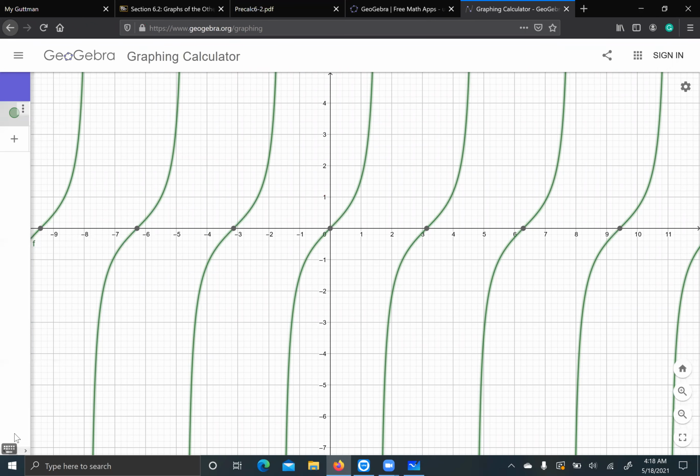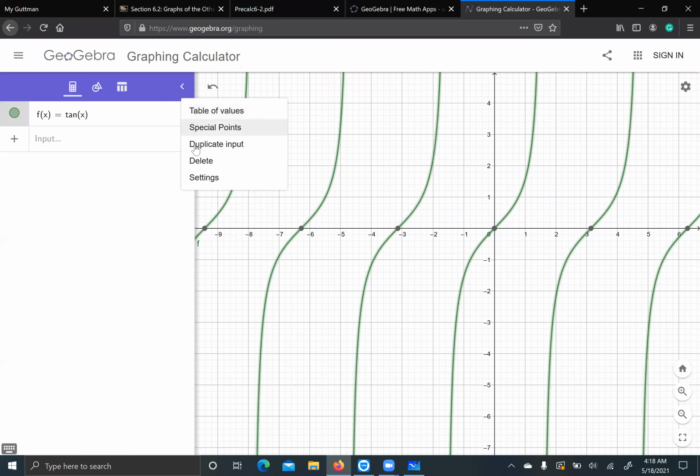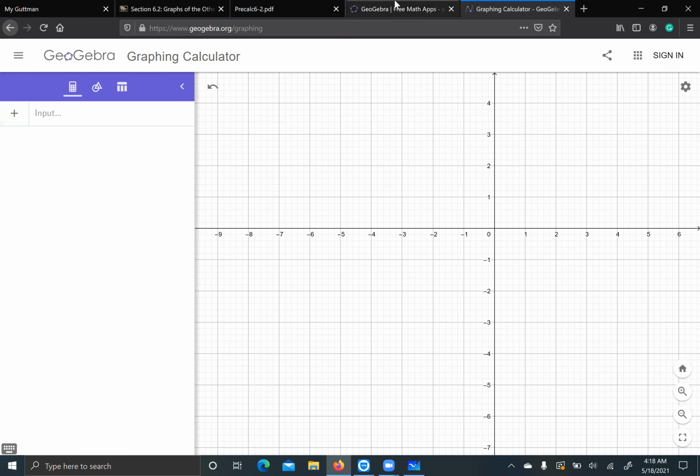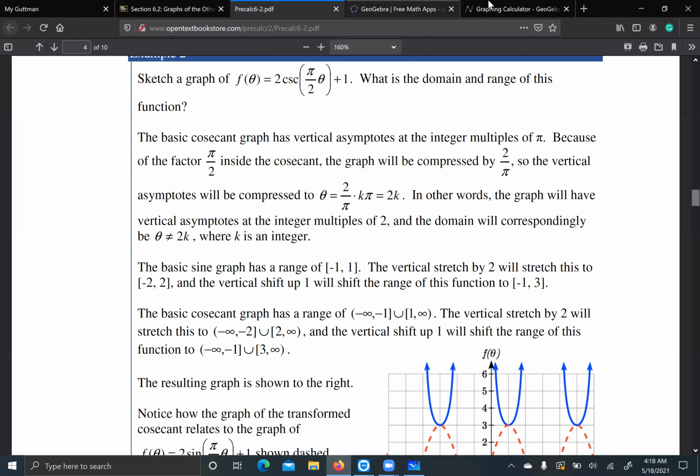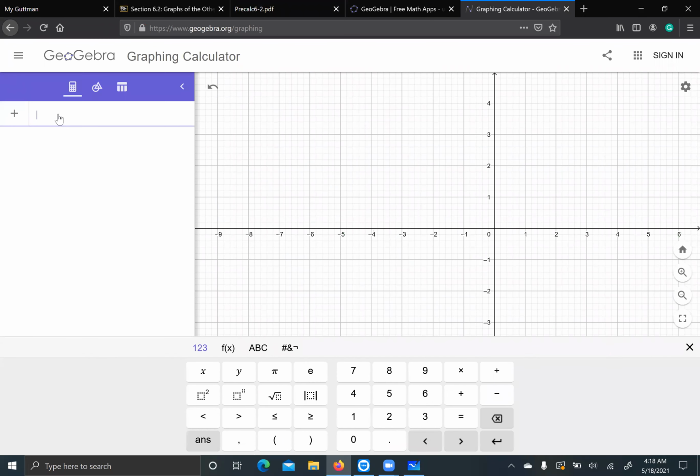Use the graphing calculator and then draw the function 2 cosecant of pi over 2 theta, or x, plus 1.